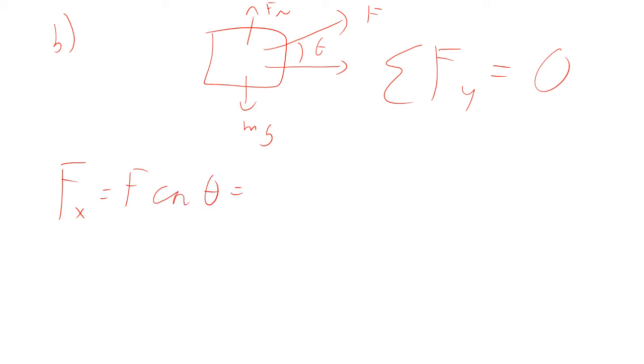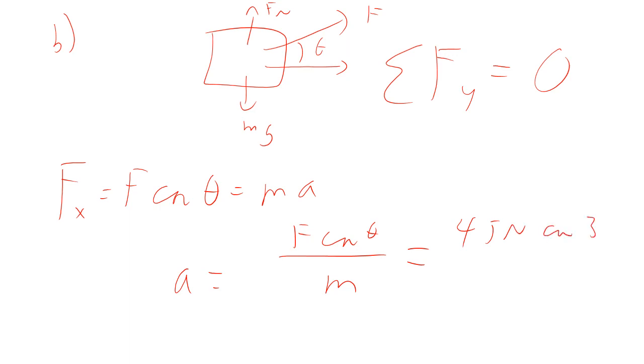And so we look at F cosine theta, and that's going to be ma. So a is going to be F cosine theta over m. We plug in the numbers that we have here, 45 newtons cosine 39 degrees divided by the mass 12 kilograms, and we find that the acceleration is 2.95 meters per second squared.